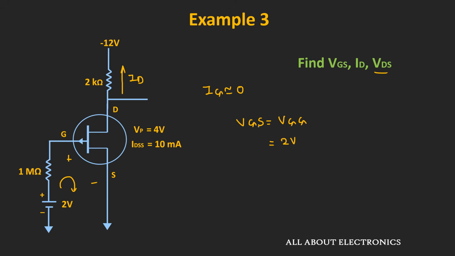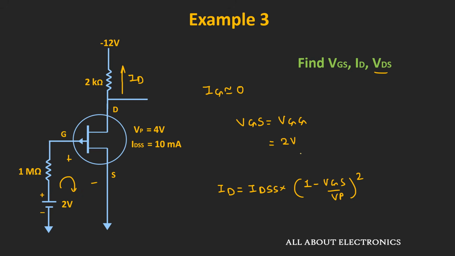Once we know the value of voltage VGS, we can easily find the drain current ID by using this expression: ID is equal to IDSS times 1 minus VGS divided by VP whole square, provided the circuit is operating in the saturation region. So once again we will assume that the circuit is operating in the saturation region, and then validate it. Here we have already been given the value of IDSS as well as the pinch off voltage.